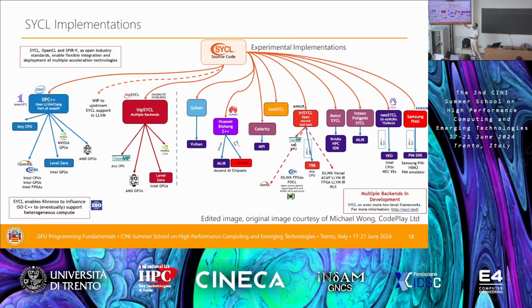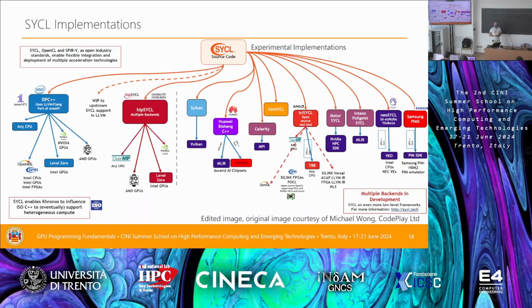One is the one from oneAPI, which is actually open source code, and the same code base of oneAPI is being used by other companies, for instance Samsung, to test their PIM processor, or by Huawei for Huawei Bisheng C++, which can target the Ascend AI chipset.